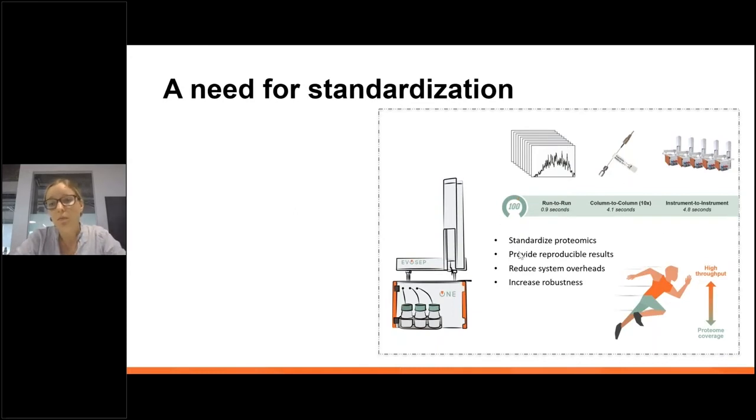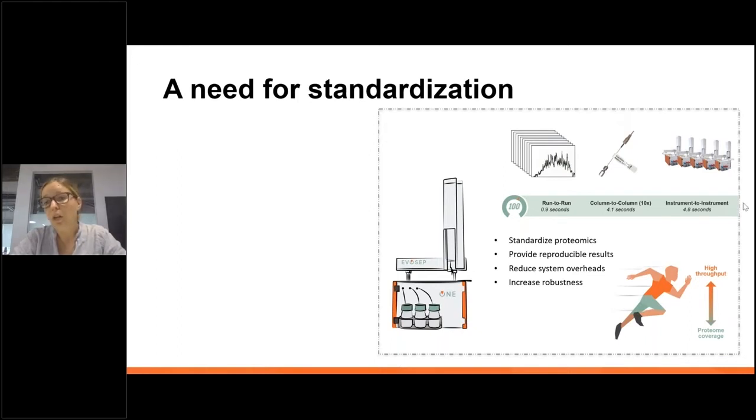And this is illustrated here by our reproducibility. This is from our 100 samples per day method, where we're proud of our run-to-run reproducibility of around 0.9 seconds, measured from 10 replicate injections. And the column is also essential. And here we also have a really nice column-to-column variation. So if one needs to change a column during measuring a large sample set, we can actually still achieve a high reproducibility.